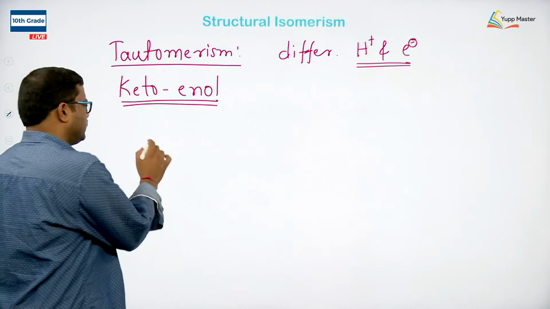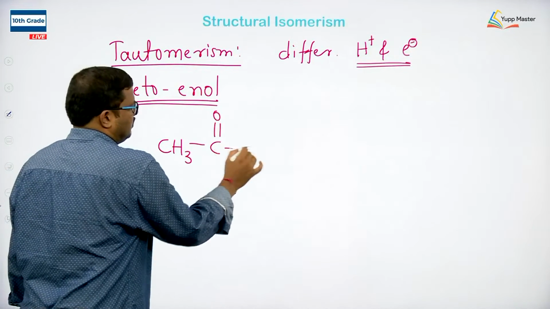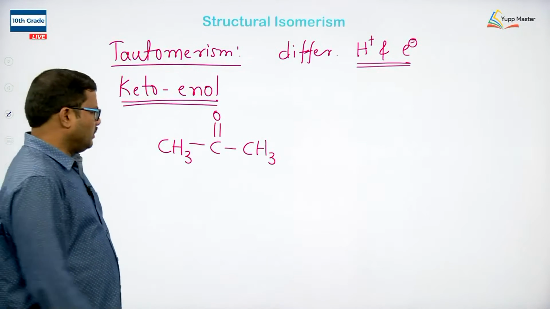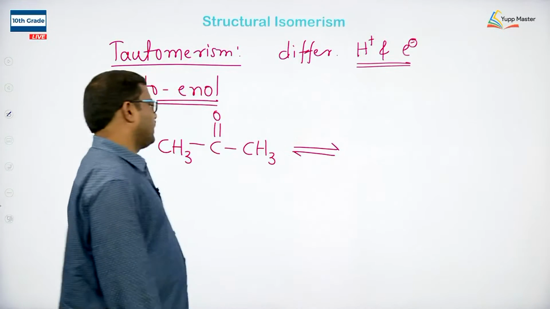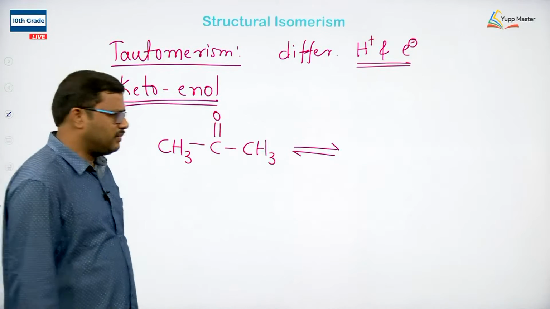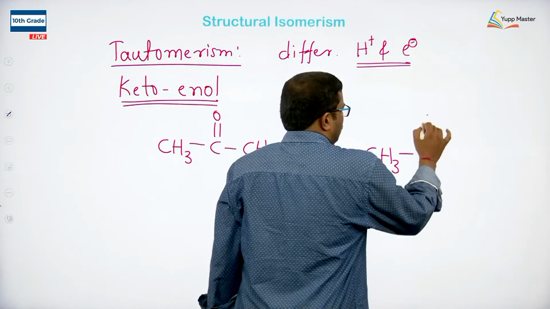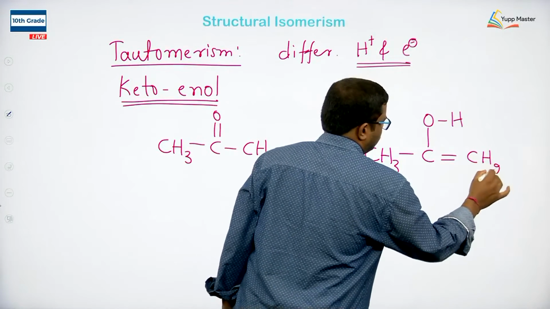Keto-enol tautomerism. For example, if I take acetone, CH3COCH3, propanone, that is a ketone. Here one of the hydrogens can move from the carbon onto the oxygen atom, and thereby we get CH3 C(OH) double bond CH2.